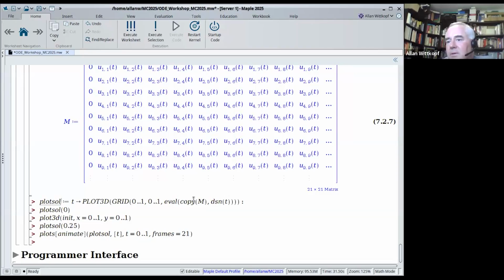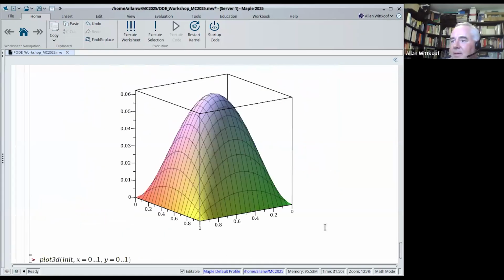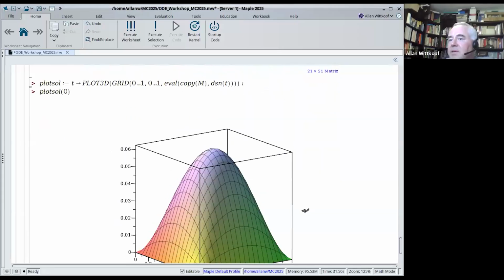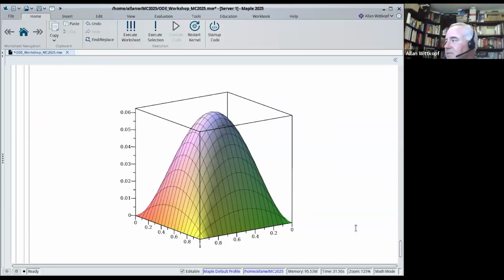And what we're going to do is form a 3D plot directly from the combination of this matrix and the call to DSolve, and create something as simple and as short as this to actually build a plot and display it at a specific solution value. And there we have it. So it's just simply calling this routine will give you a 3D plot of the solution at the initial value here.